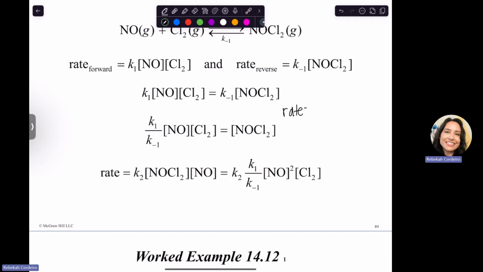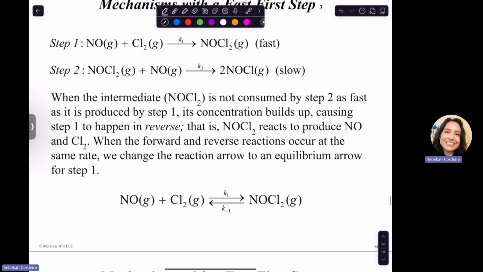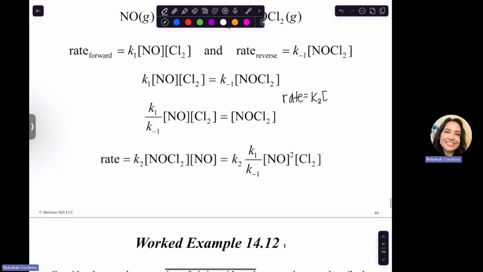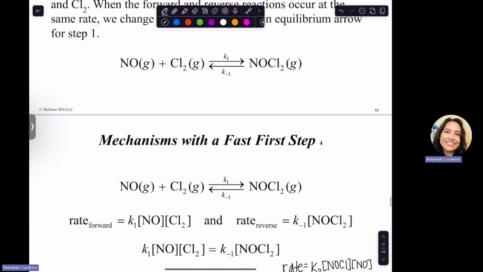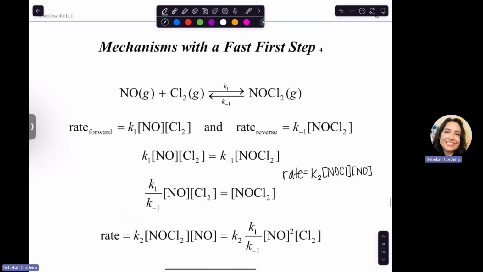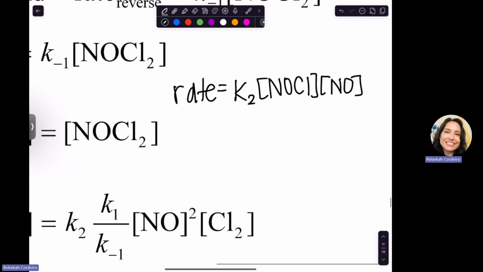Remember our previous one was rate equals K2 times NOCl2 times NO. NOCl2 is what I meant to write there.